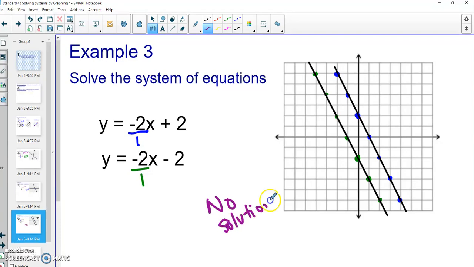Something I want you to notice is that when it's no solution, when we have two parallel lines, our slopes are going to be the same. We have a slope of negative 2 here, and in this second equation we also have a slope of negative 2. So anytime the slopes are the same and the y-intercepts are different, that's going to give you two parallel lines. That example is no solution.